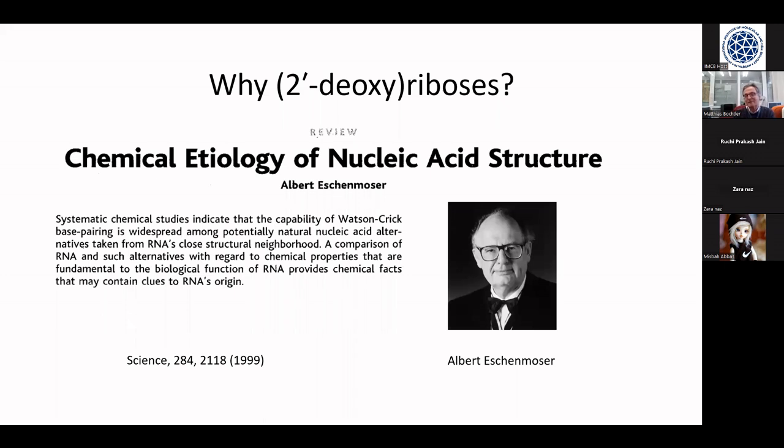Now, we've covered why the linkers are phosphates. So why would we have deoxyriboses? Basically, this was single-handedly Eschenmoser's work initially, to turn this from a lot of hot air speculation in the field into real synthetic organic chemistry.